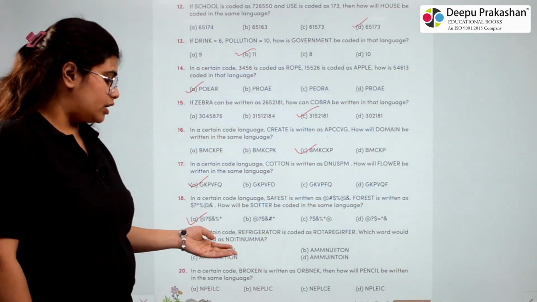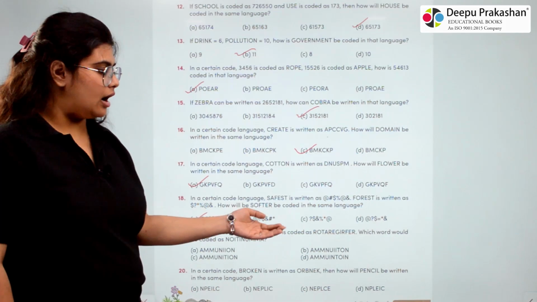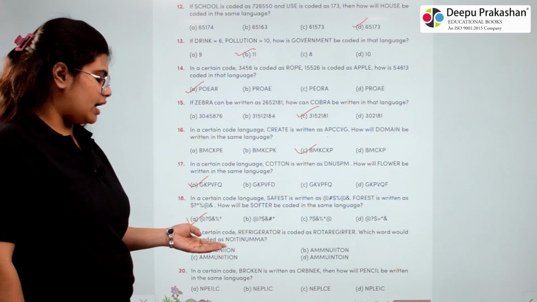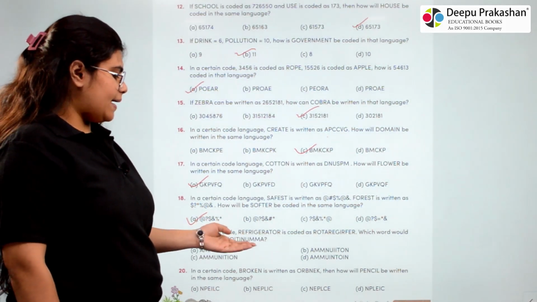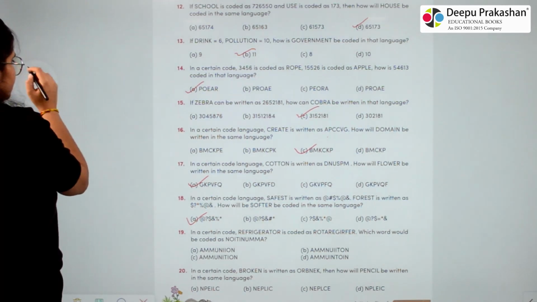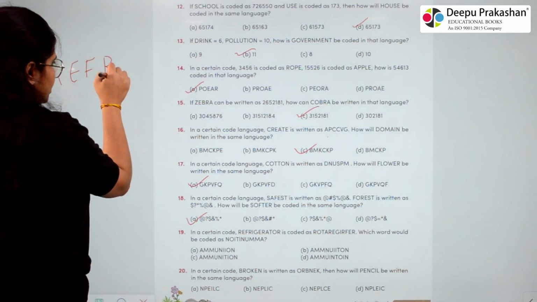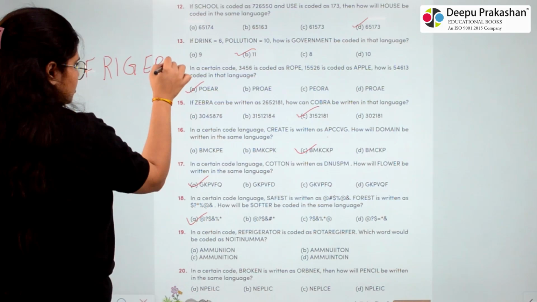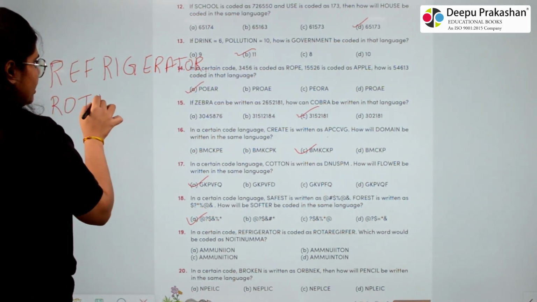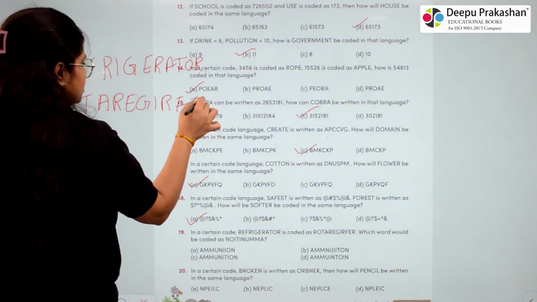19. In a certain code, refrigerator is coded as ROTAREGIRFER. Which word would be coded as NOITINUMMA? So here the word refrigerator is coded as ROTAREGIRFER.